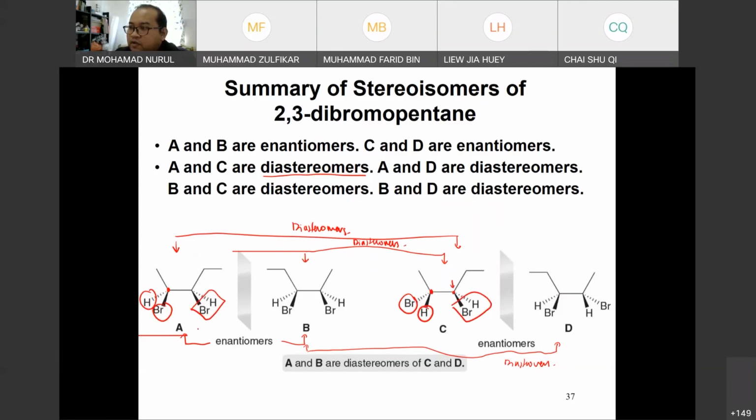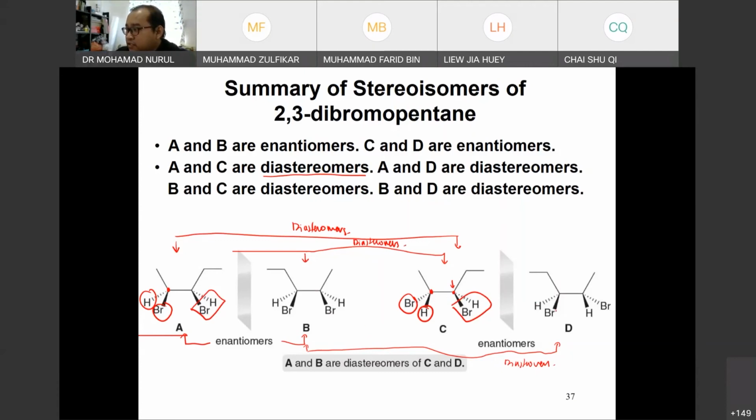Okay, if we talk about A and C. So let's say B and D, for example, but for B and D, you have to rotate the structures, so you cannot see directly. Let's say for B and D, what is different? B and D are diastereomers. It's only different at one carbon in this case. Why?